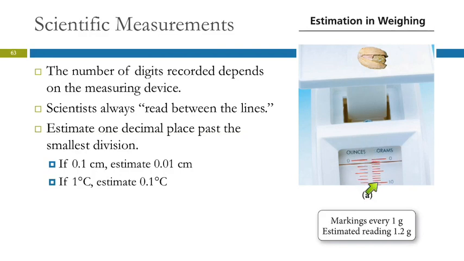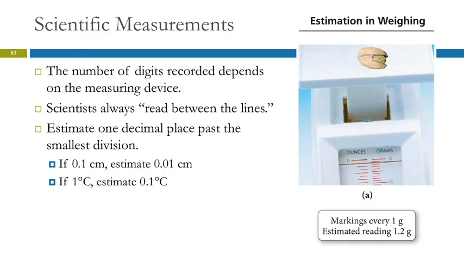So over here on the grams side, this big line at the top says 0, and then there's one down here that says 10, and if you count the red lines in between, there are 9 of them, and so each line represents 1 gram, right? So when we look at the movable line, which is telling us the mass of that pistachio, we see that it's between 1 and 2. It's a little past 1 gram, and it's not yet to 2 grams.